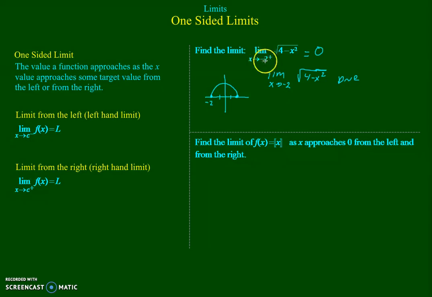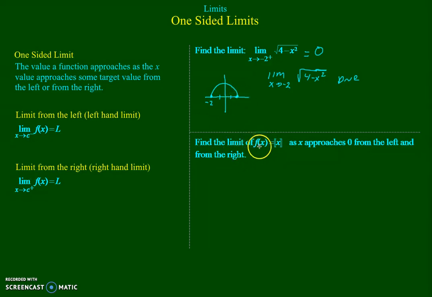But because we're only concerned about what's happening to the right side of this function as it approaches -2 from the right, we can take the one-sided limit. That's one of the confusing distinctions about one-sided limits and just limits in general. So the limit as x approaches -2 of this function does not exist, but the limit as x approaches -2 from the right does exist, and it's equal to 0. Just as if we approached 2 from the left, we could evaluate that limit as well. And of course that limit would also be 0.